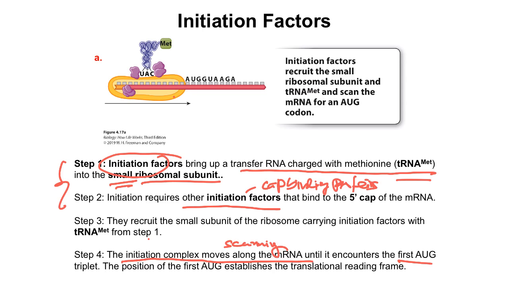The position of the first AUG establishes the translational reading frame, as we have already indicated in previous slides. So this is the role of the initiation factors in the initiation process. Very important. They all coordinate these specific steps together.